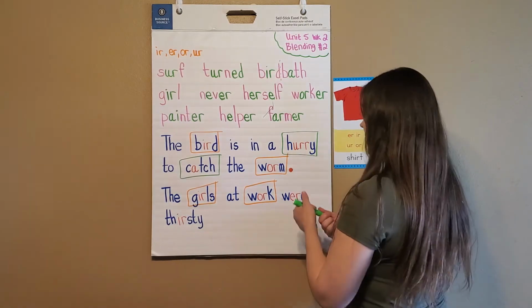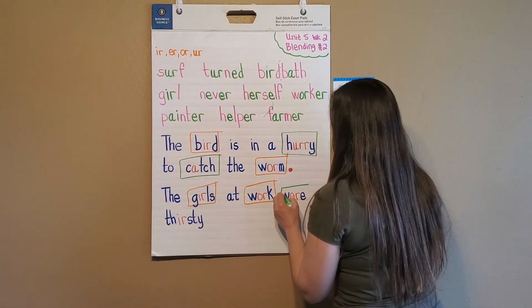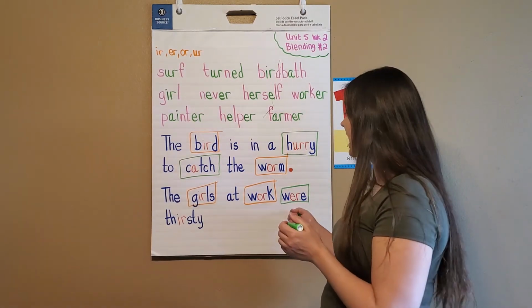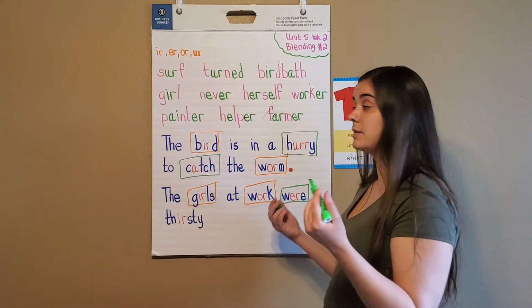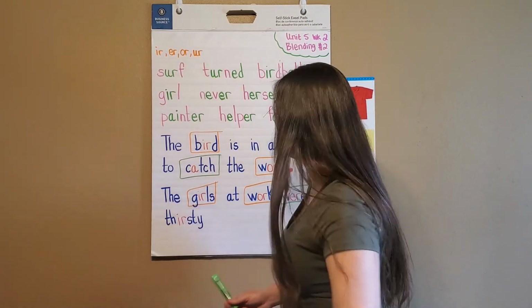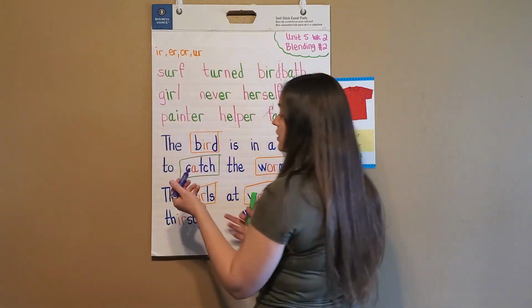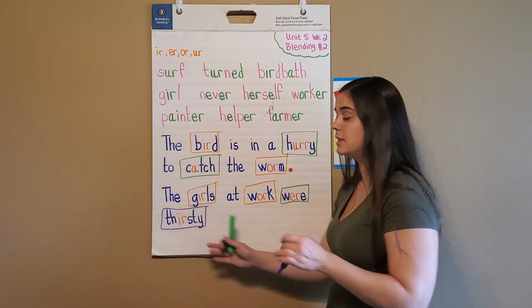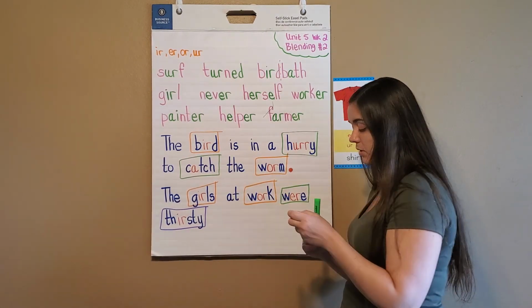Were is our verb in this sentence. It is kind of a tricky one because it's not an action, but it is telling what these girls are. And what are these girls? They are thirsty. So that is our adjective. The adjective thirsty is describing the girls.